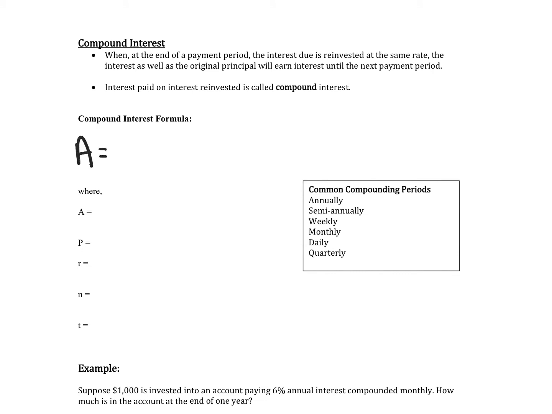We say A is equal to P times 1 plus the rate divided by a new variable, which we'll call N, the compounding variable, raised to the N times T. Where A is your ending balance or your final amount.